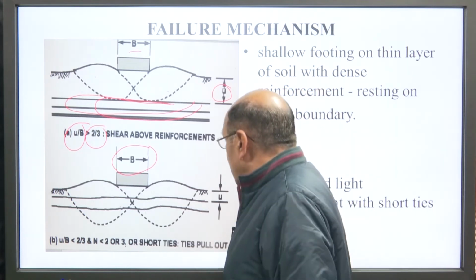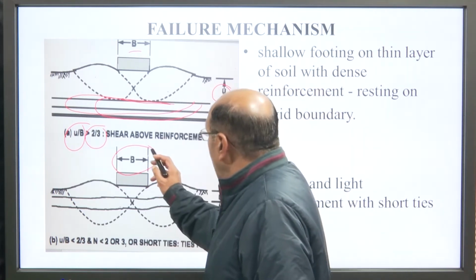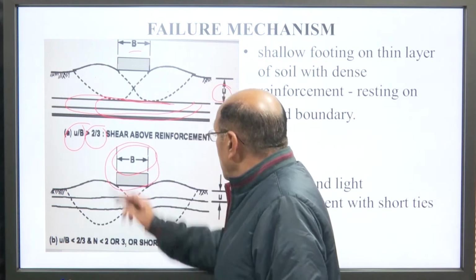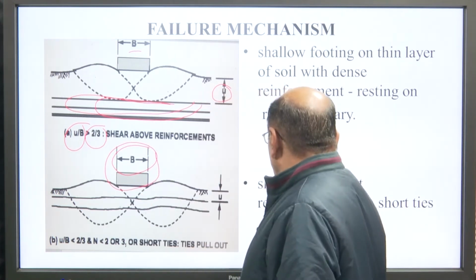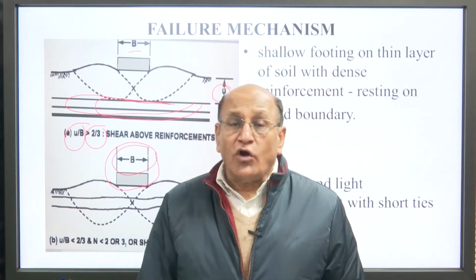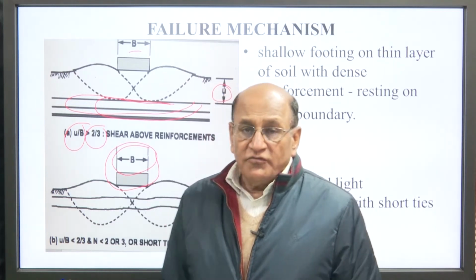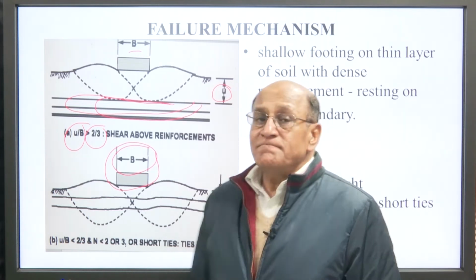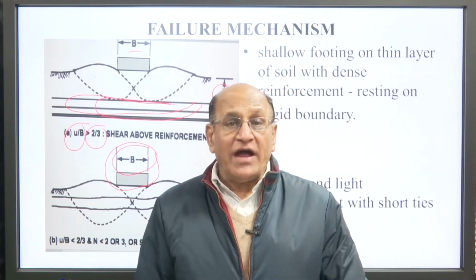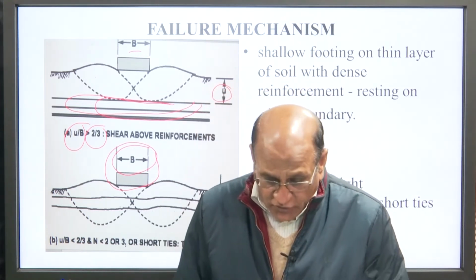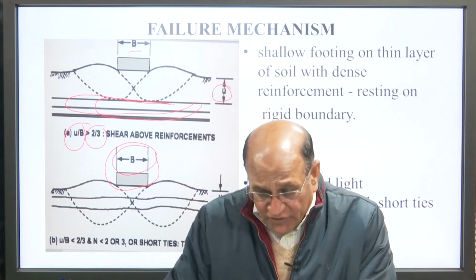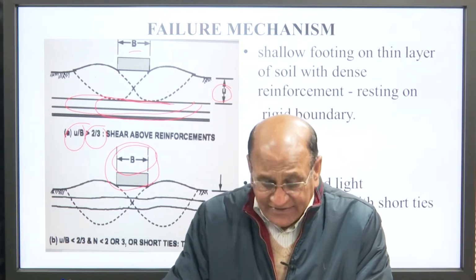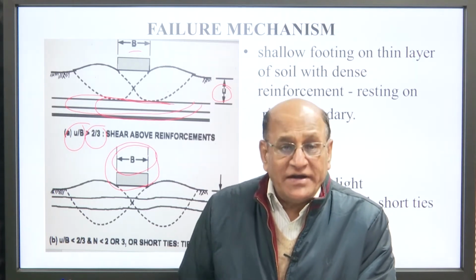We can see here when we apply the footing on this bed, with the reinforcement having short ties, this will try to break the reinforcement provided in the foundation. So, shallow and light reinforcement with short ties is provided here.